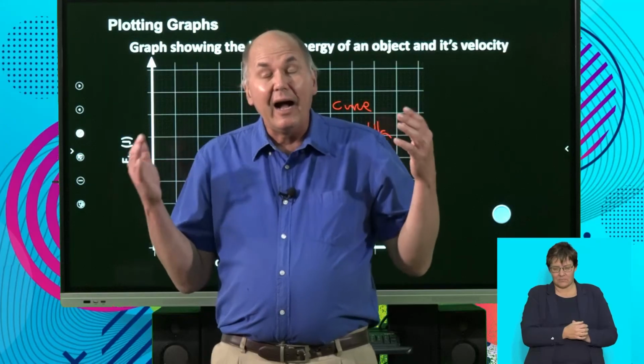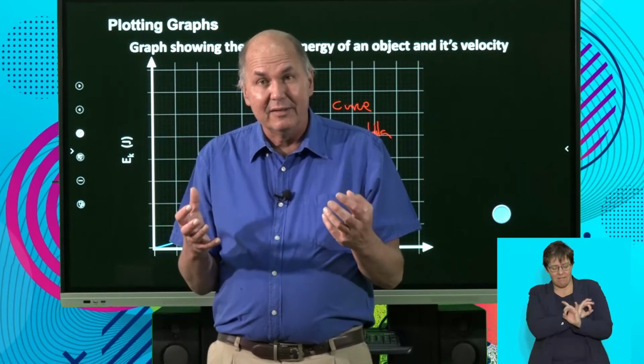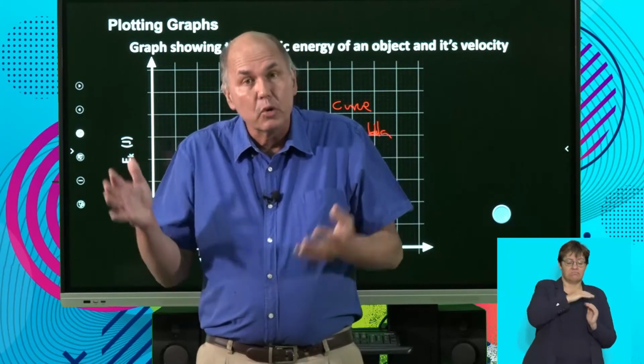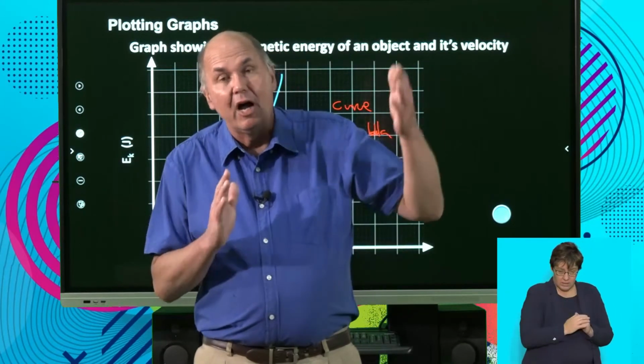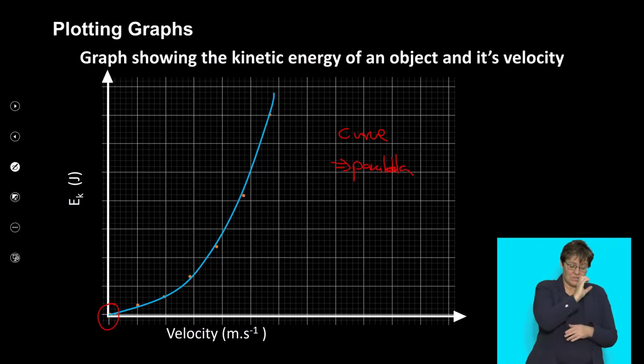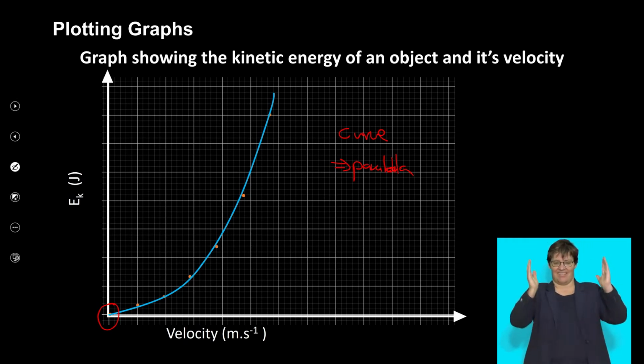If you see something like a parabola, even a quarter or half of one, look and see it's going through the origin, and if we reflected this about that vertical axis, it would make a nice up-shaped, smiley-faced parabola. It would go right round like this.